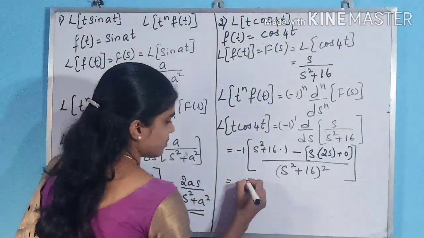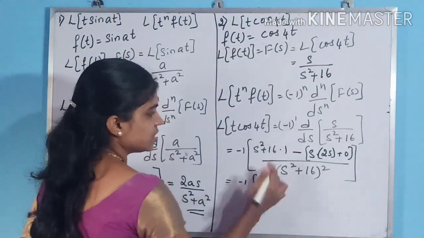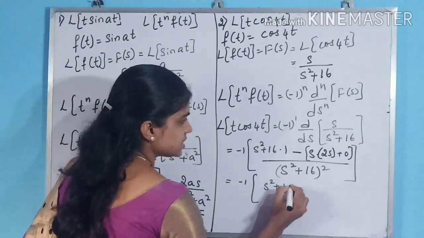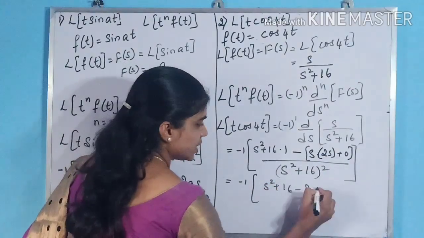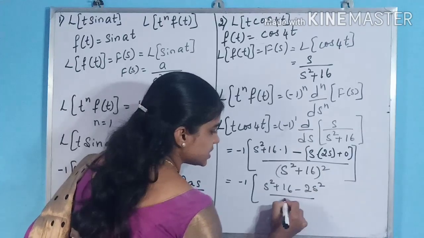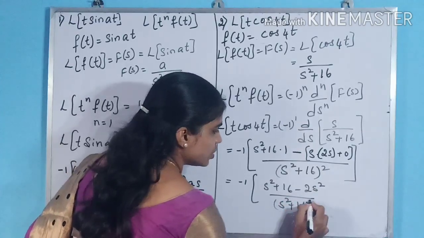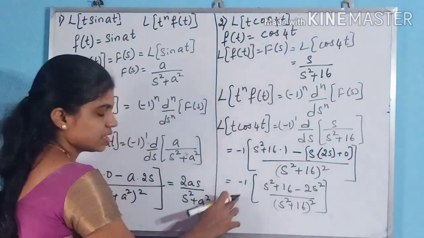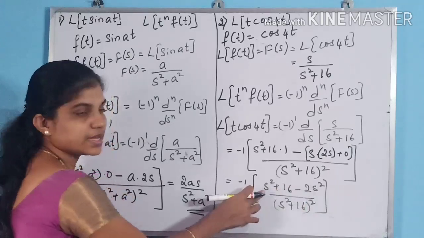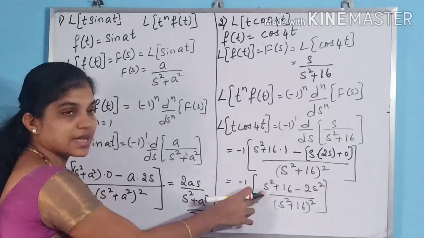So we have minus 1 into, s square plus 16 minus 2s square upon s square plus 16 the whole square. This minus 2s square plus s square is minus s square.